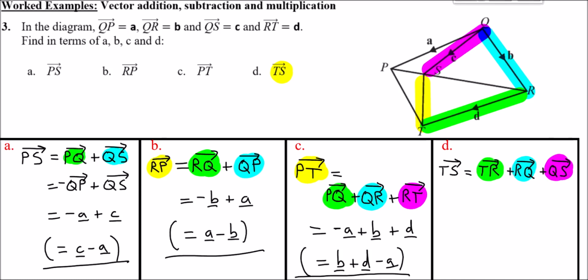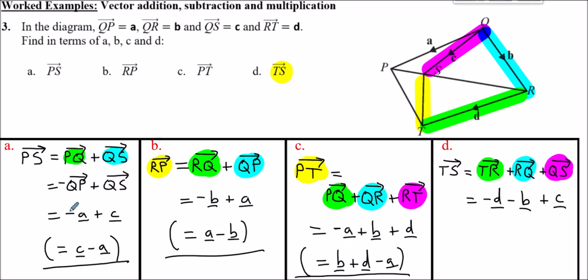we do that route. So in terms of vectors, from T to R, it's along this one D, but in the opposite direction to D. We're not going from R to T, we're going from T to R. So that's going to be minus D. From R to Q, we're going against the grain of B. We're not going from Q to R in this direction, we're going against B, so that's going to be minus B. But from Q to S, we are going in the same direction as C is pointing, so that's positive C. And that's it.